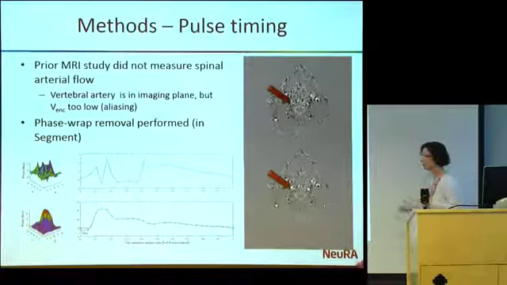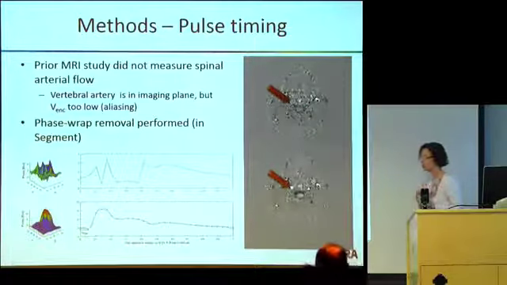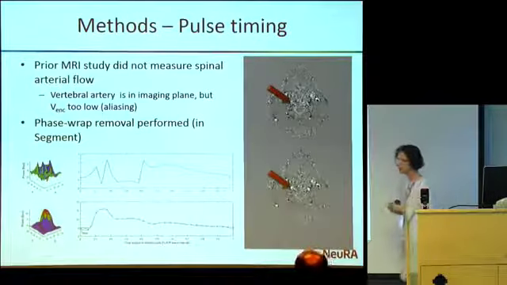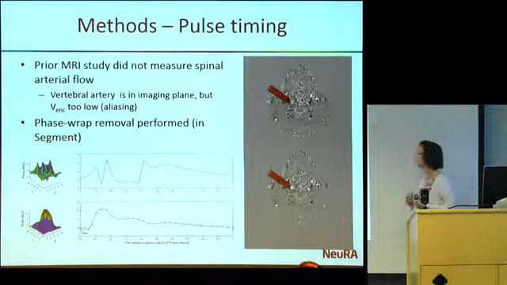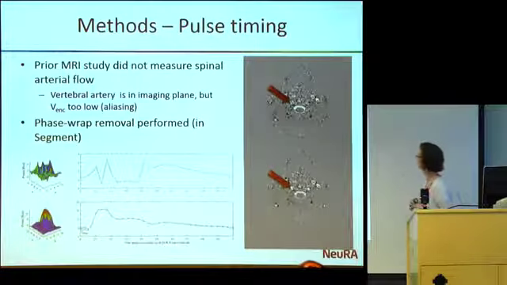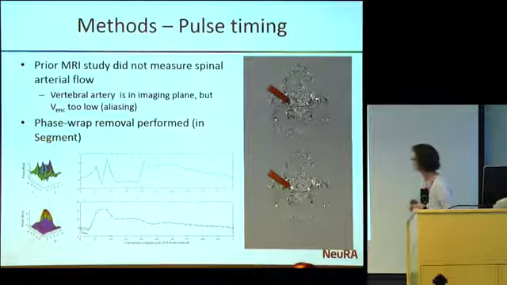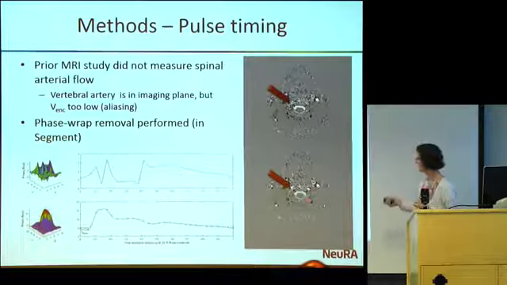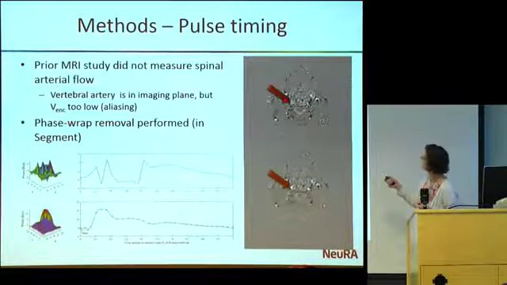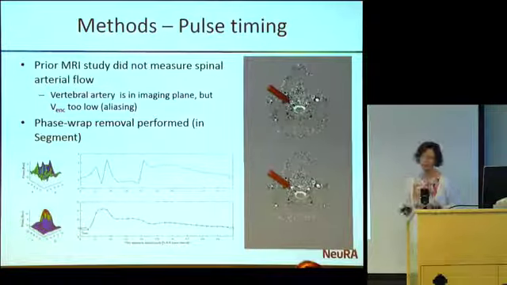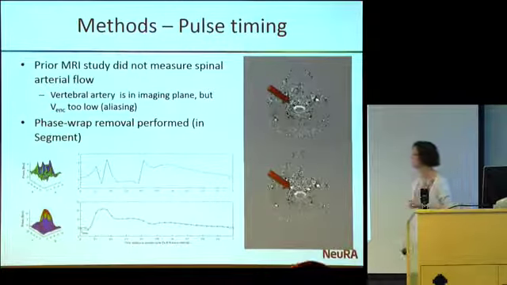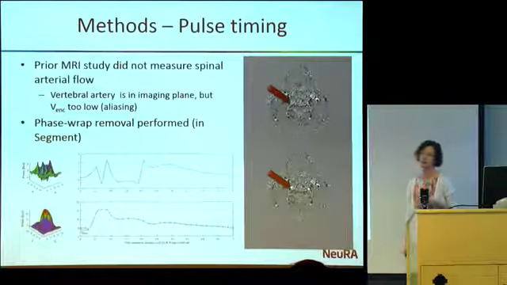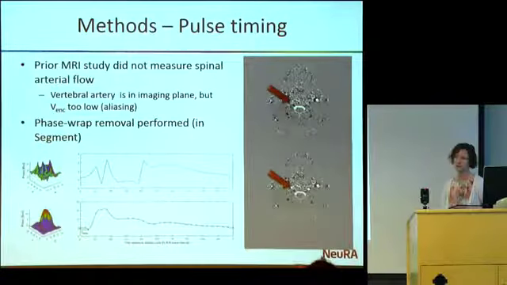with their own input flow and their own anatomical geometry from that. One of the problems we had, if we then wanted to look at the cardiac timing, is that the original study didn't actually aim to measure cardiac blood flow. And so what we've done is gone back and done a reanalysis where we've looked at the vertebral arteries here and manually tried to unwrap the phase wrap problems that we had, because the blood flow velocities are much higher than the encoding velocity that we used for the CSF.